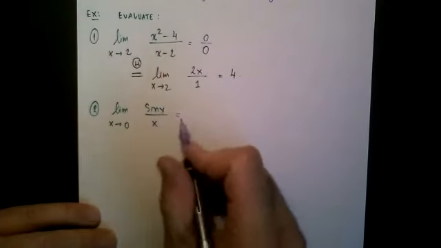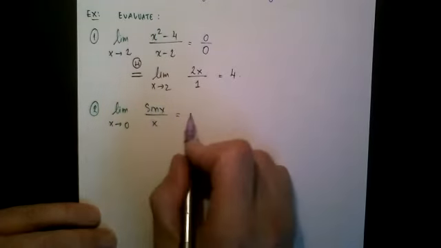So if you plug in 0 here, you get sine of 0 is 0 over 0. So I could use L'Hopital's rule. The limit as x approaches 0, the derivative of sine is cos, and the derivative of x is 1. And now you plug in 0 in here. Cos of 0 is 1, over 1 is 1. Took us one line.